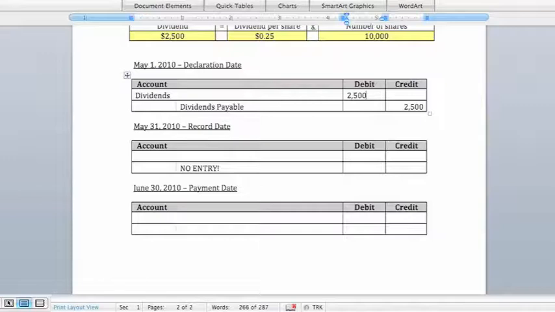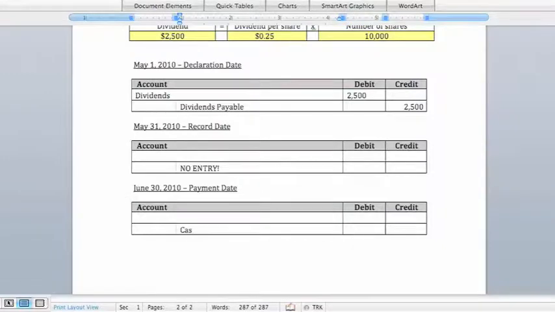Now on the record date, we actually don't do anything because that's just the date in which we check to see who has shares in the firm. So there's actually no entry necessary on the record date, in this case of May 31st, 2010. And finally, on the payment date, this is when we're going to actually pay the cash to our shareholders.